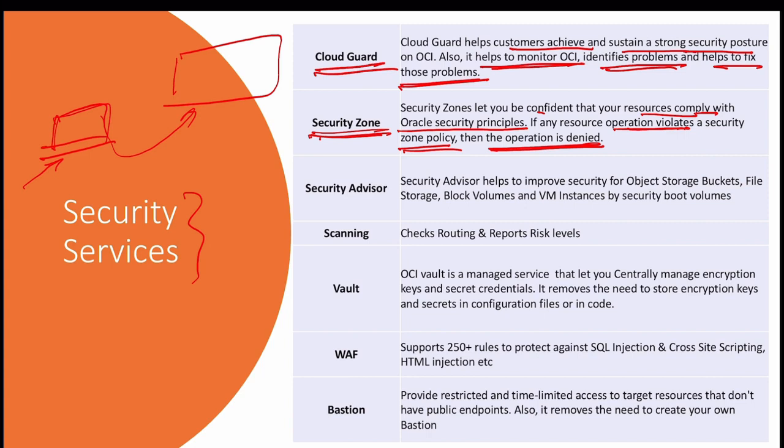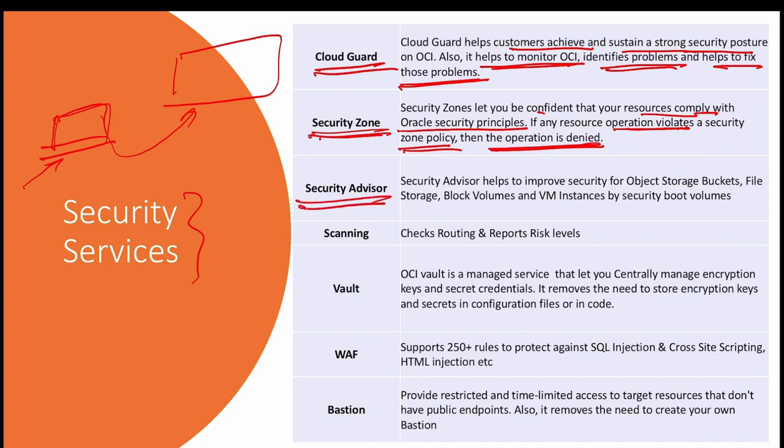Similarly, we can define this security zone, and your security advisor or security consultant in your organization can define the connectivity between those security zones. So it will help us in many ways when you implement any project.